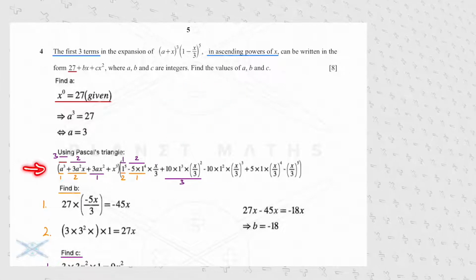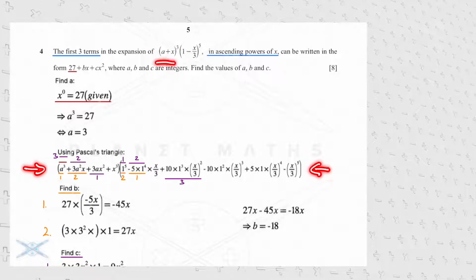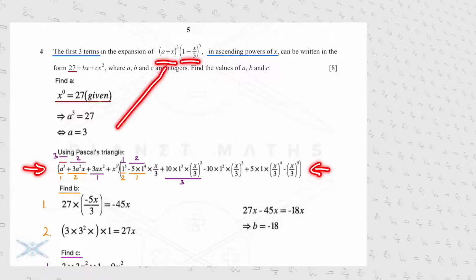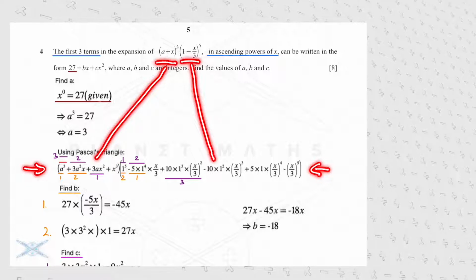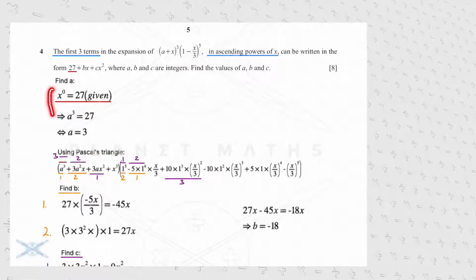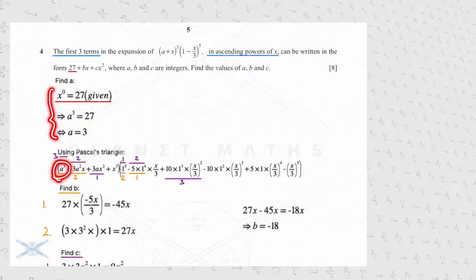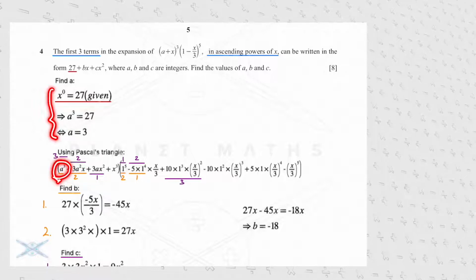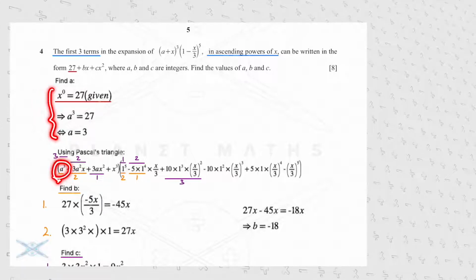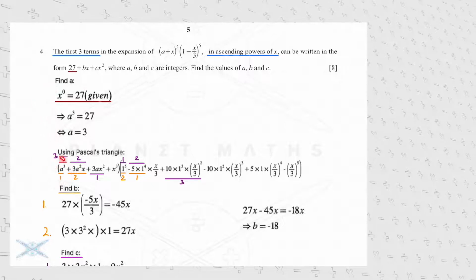Here we can find the expansion of both of the brackets after the application of Pascal's triangle. As previously mentioned, the value for a is found by investigating all of the expressions in which a cubed and x to the power of 0 occur, and here it's just this single instance.